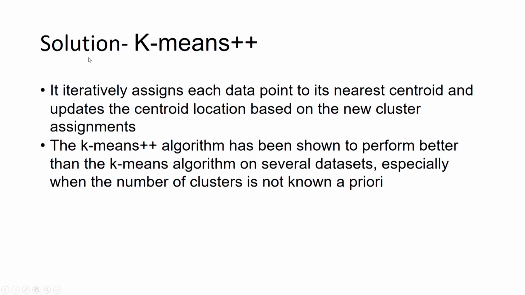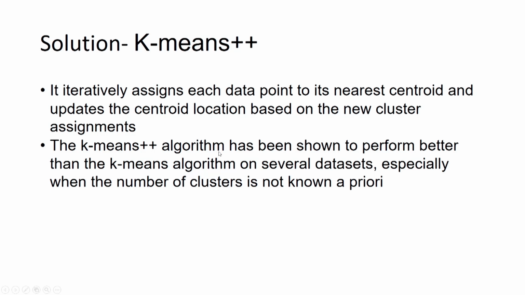Let us first see what we were doing in the k-means clustering algorithm. The k-means algorithm iteratively assigns each data point to the nearest centroid and updates the centroid location based on the new cluster assignments. But in the initial phase we have taken these centroids randomly, and this was the main problem. So, how are we solving this problem in the k-means plus plus algorithm?